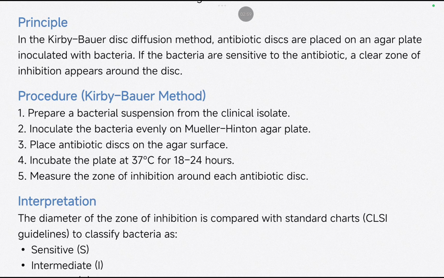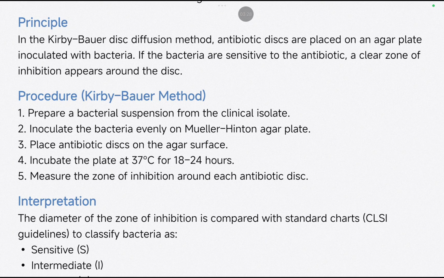Fourth step is incubate the plate at 37 degrees for 18 to 24 hours. 37 degrees is the ideal temperature for most of the pathogens. Then, after 24 hours, measure the zone of inhibition around each antibiotic. What you will see is, suppose we take cephalosporin and place it on the plate.